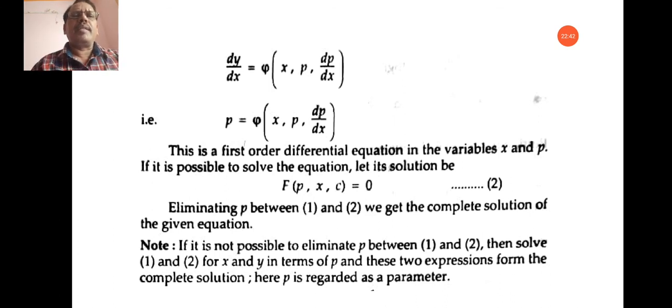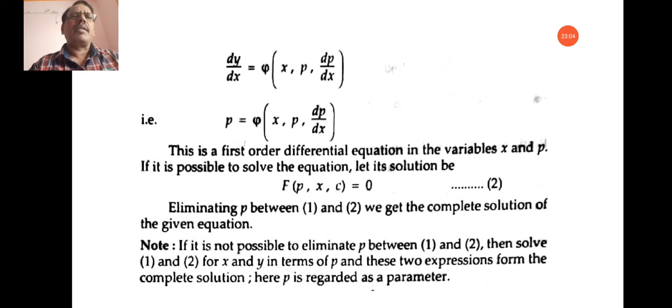Eliminate p between this and the given equation, and we get the solution of the differential equation. And if it is not possible to eliminate p between 1 and 2, then we simply write the given equation and the equation obtained as the solutions of the given differential equation.